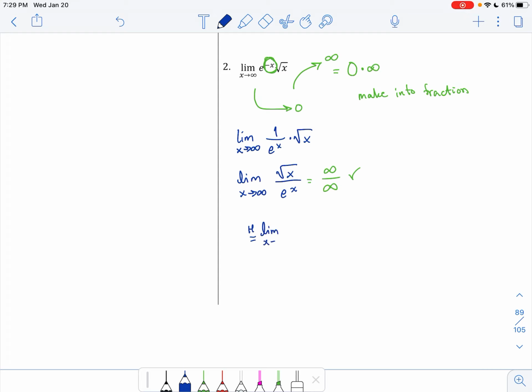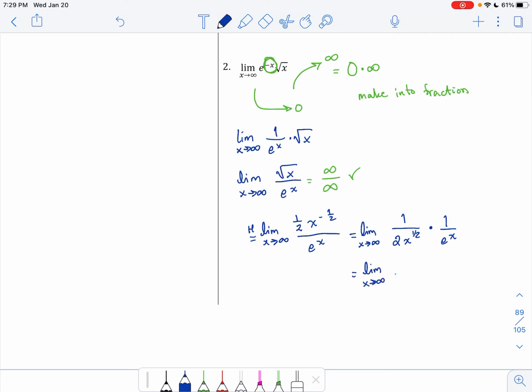So L'Hopital's rule: take the derivative of root x, which is 1/2 x to the negative 1/2, and the derivative of e to the x, which is e to the x. Again, I'm going to do just a little simplifying here. This is the same as the limit of 1 over 2 x to the 1/2, moving this negative exponent into the denominator, then times 1 over e to the x, so that it's multiplication instead of division.